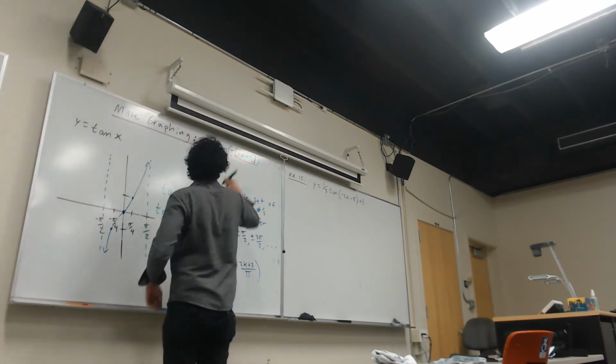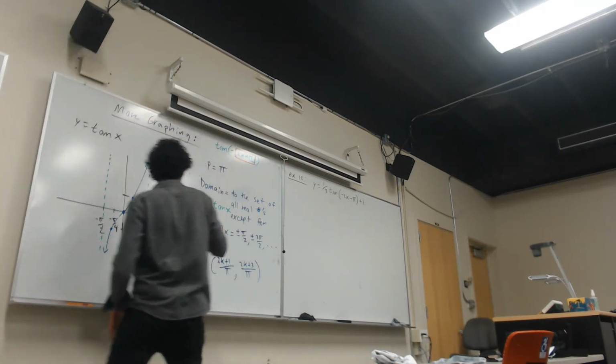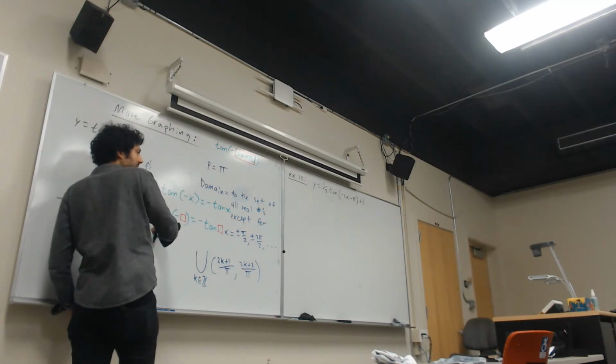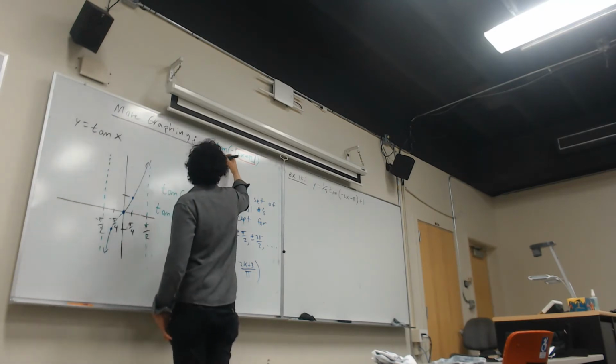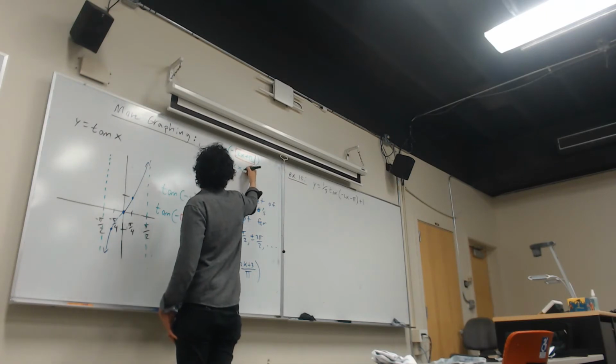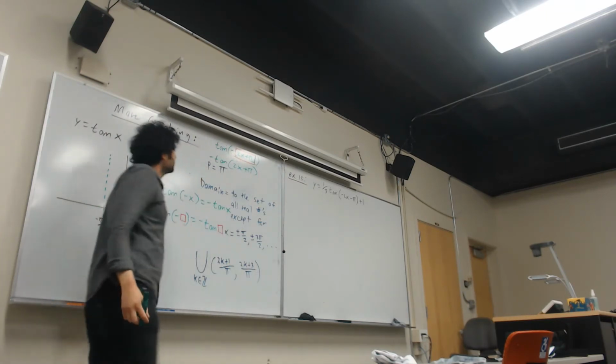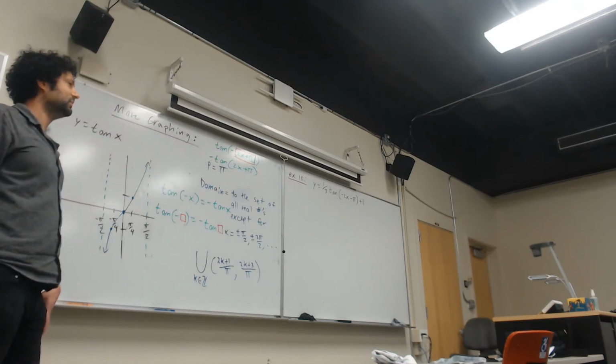You can pull the negative out, that's all this is saying. So you get negative tangent 2x plus pi. You can pull the negative all the way out.